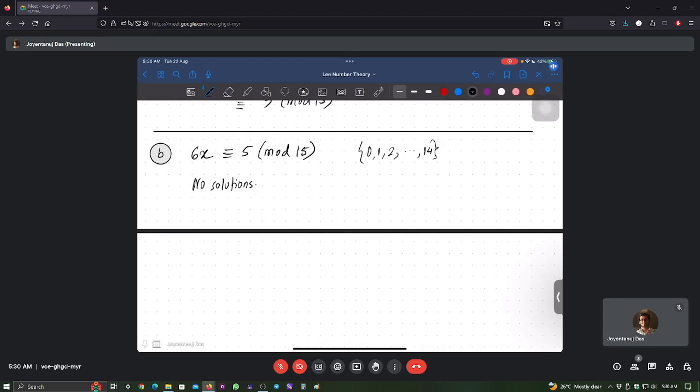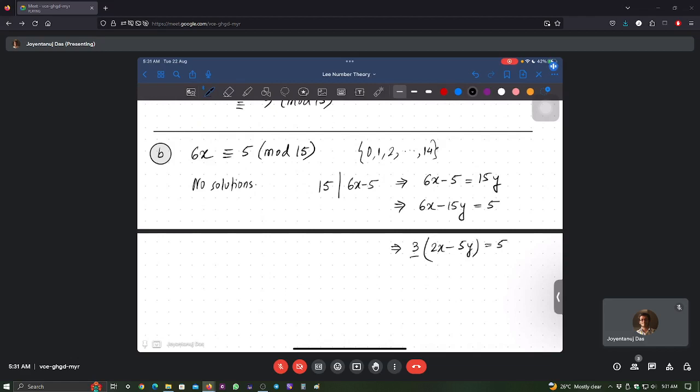The simple idea is that 15 must divide 6x minus 5. So 6x minus 5 equals some 15y. From here, 6x minus 15y is 5. Taking 3 common, 3 times (2x minus 5y) equals 5.